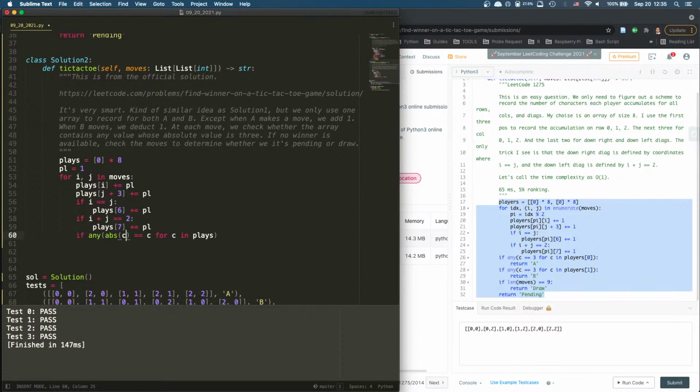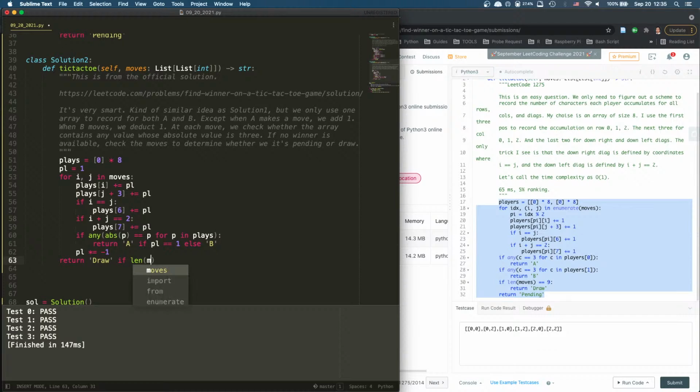I like to use P. So if this is this, then return A if play equals 1, else B, right? If not, play times equal -1. So we'll go to B's turn, right? So once we're all done, then we're going to return draw if len moves equals 9, else pending.